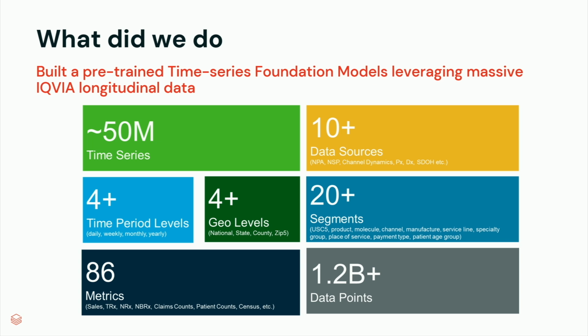We first pulled 50 million time series into our data set. This time series could be, for example, RxDX by month, the patient volume, or we have a lot of other data. Oh, by the way, before I proceed, let me introduce our company. IQVIA is a large big data company. We are the largest data vendor in the healthcare industry.